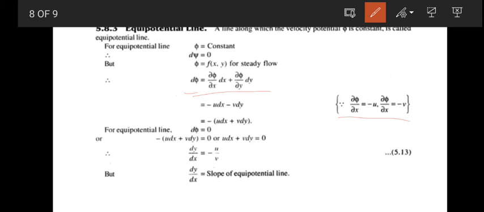So after substituting dφ is equal to constant, that means the difference is 0, then dφ is equal to 0. Substituting this value in this equation, we have minus in bracket u dx plus v dy is equal to 0, or u dx plus v dy is equal to 0. So dy by dx is equal to minus u by v, that means dy by dx is the slope of the equipotential line. So this is about the equipotential line.